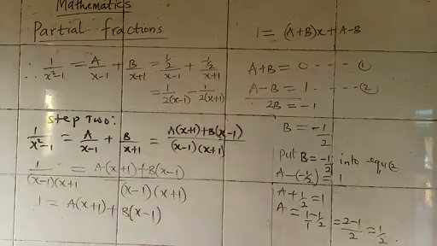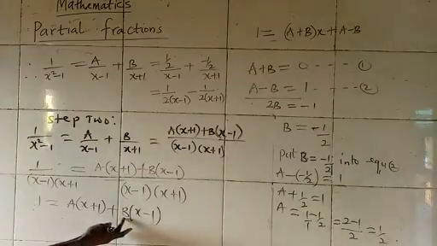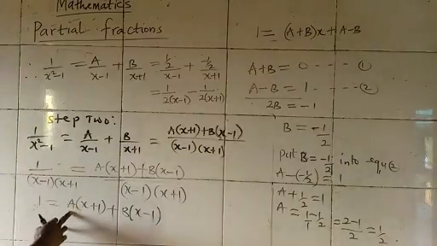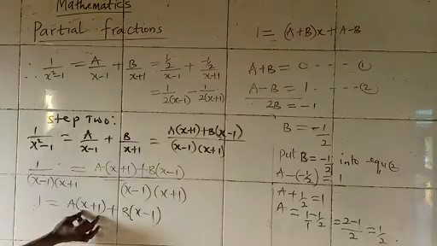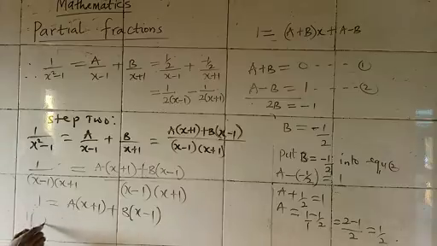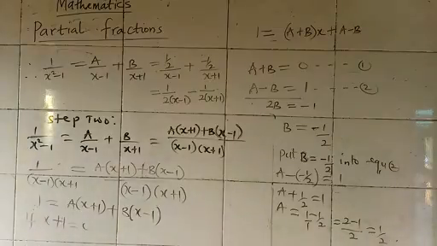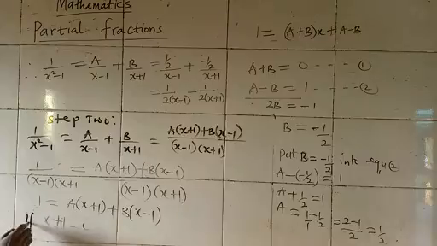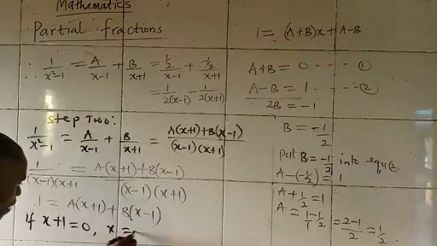Now in this case, I will not use step 1 to solve. I am using step 2. It means that I can decide to eliminate A. If I eliminate A, I will use what is inside this bracket, because if S plus 1 equals 0, then S is equal to minus 1.